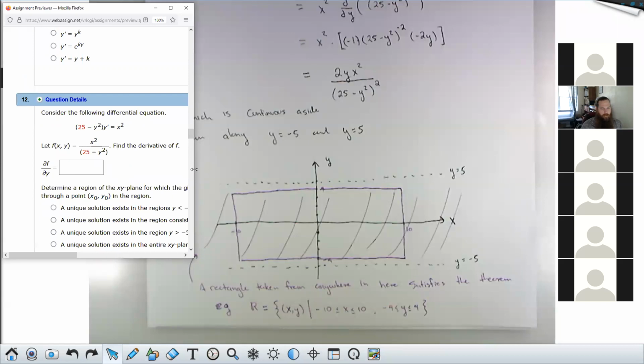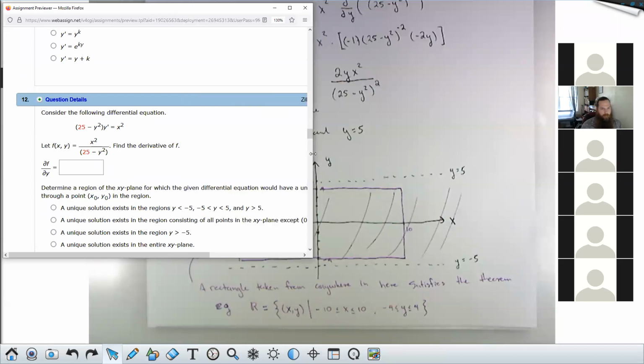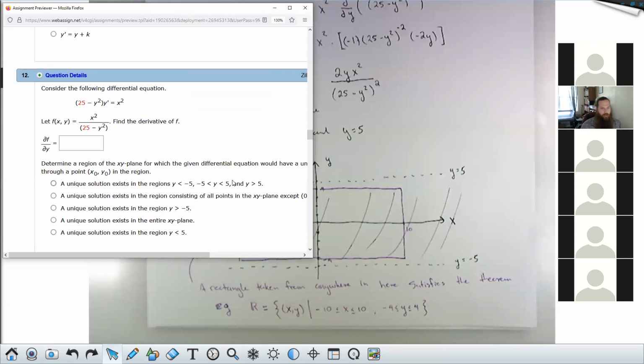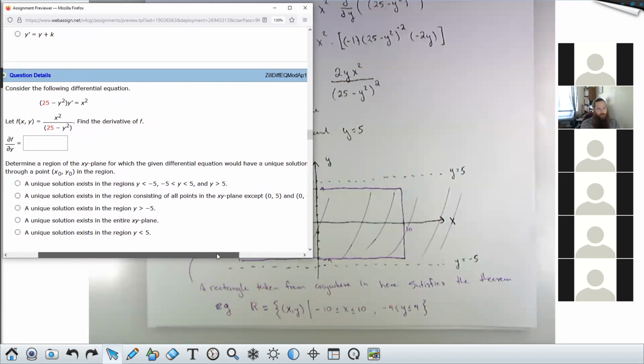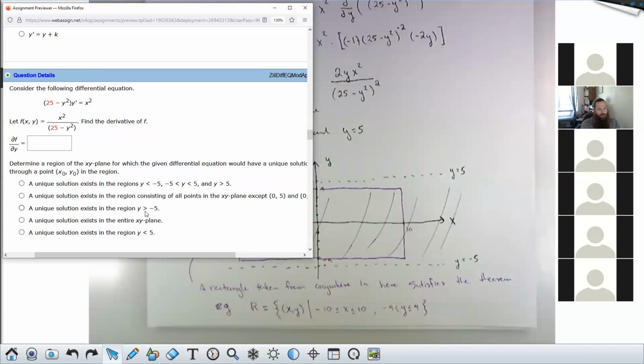A unique solution exists in the regions y less than -5, -5 is less than y is less than 5, and y is greater than 5. A unique solution exists in the region consisting of all points except (0, 5) and (0, -5). A unique solution exists in the region y is greater than 5. A unique solution exists in the whole xy plane. A unique solution exists in y less than 5. Which one of these would be correct? The first one. Yeah, very good.